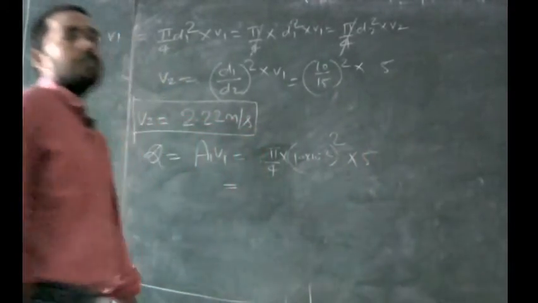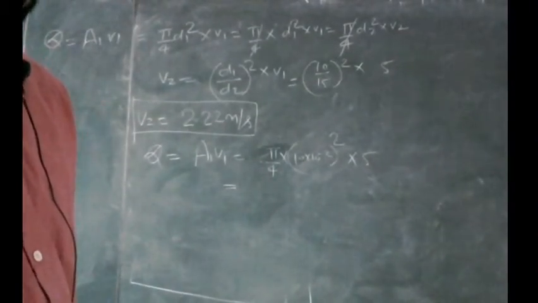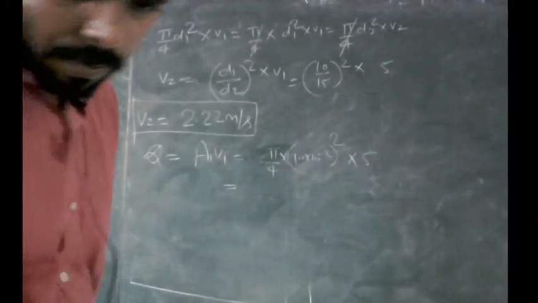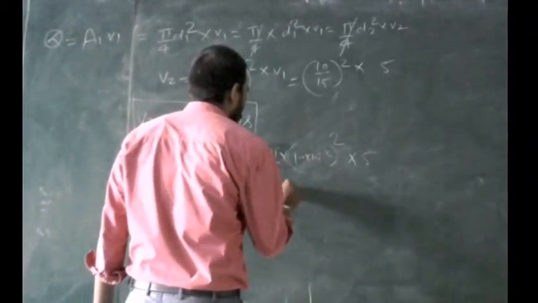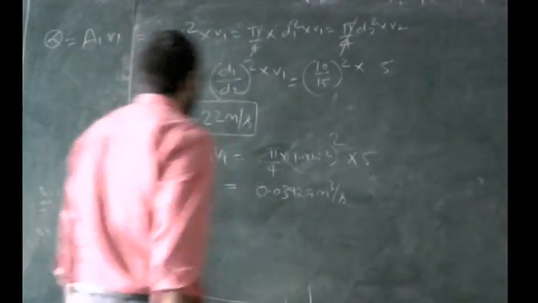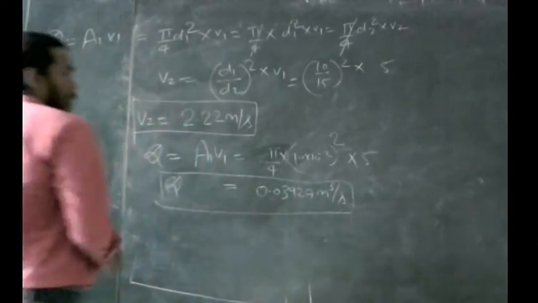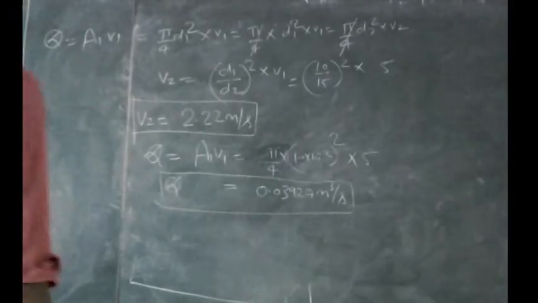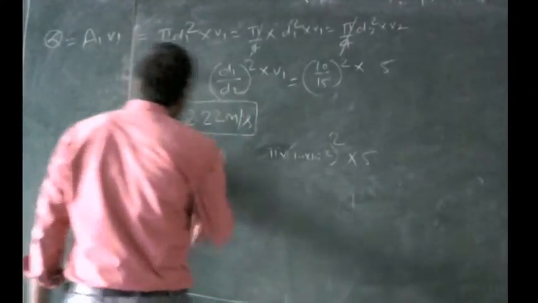Solve it. It comes to 0.03927 meter cube per second. This is the simplest method to solve the question. Okay, we will see the next question.